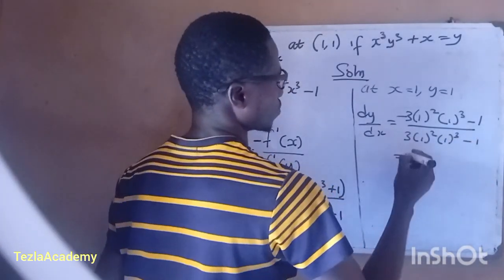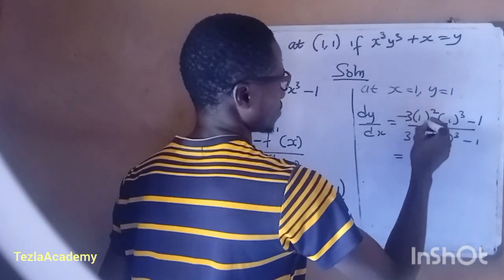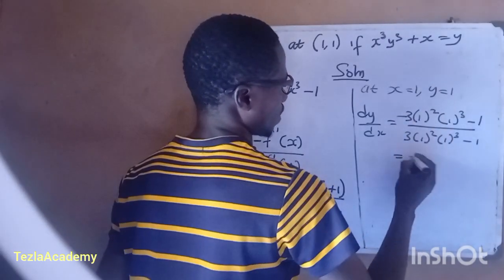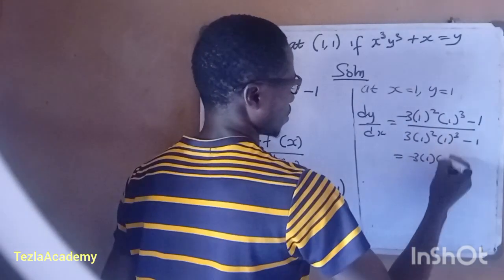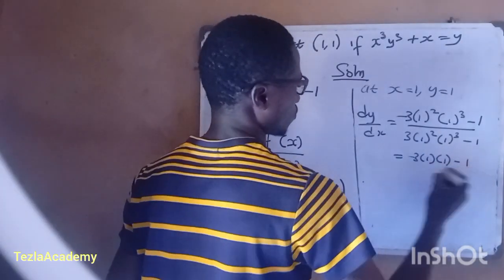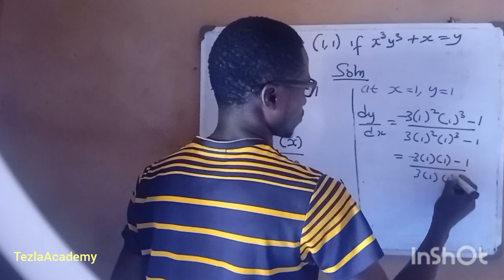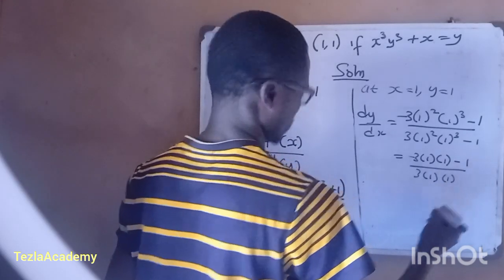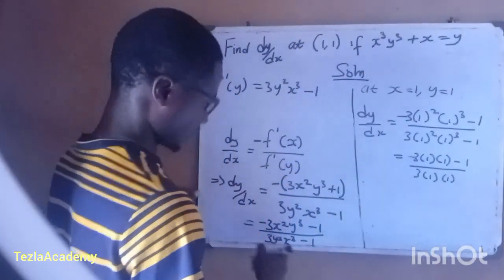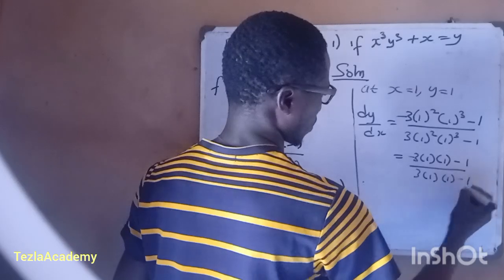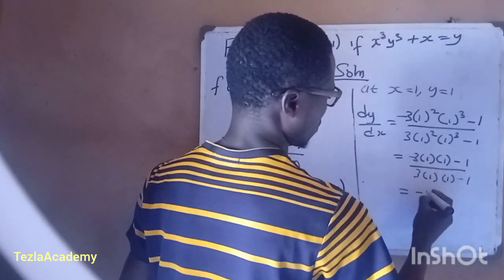This is equal to minus 3 times 1, 1 squared is 1, 1 cubed is 1, minus 1. Then 3 times 1 squared is 1, 1 cubed is 1, then we have minus 1 here.